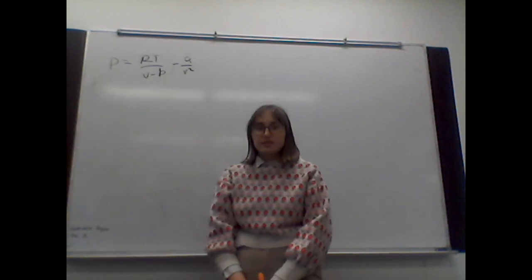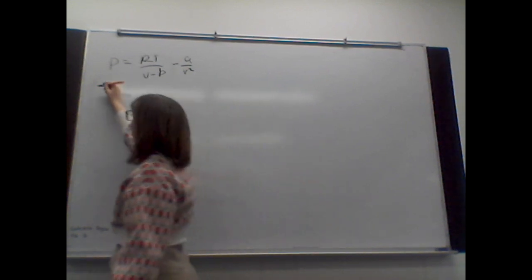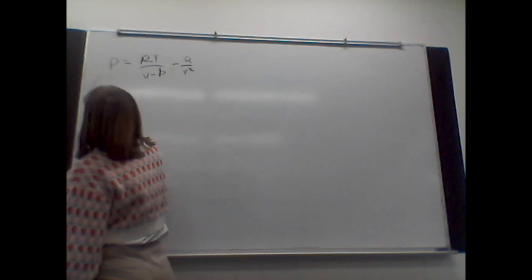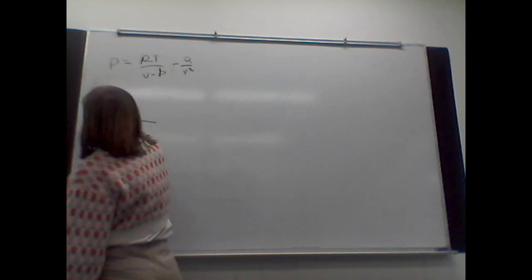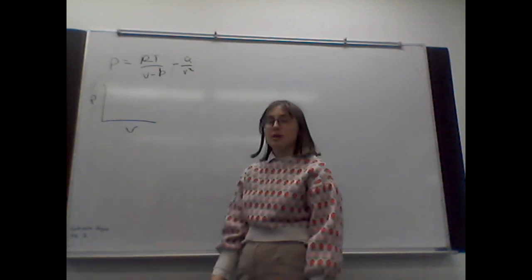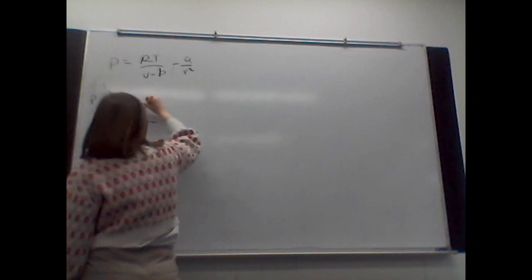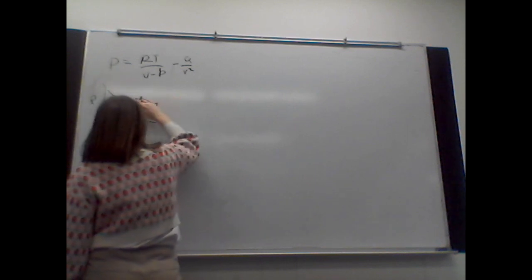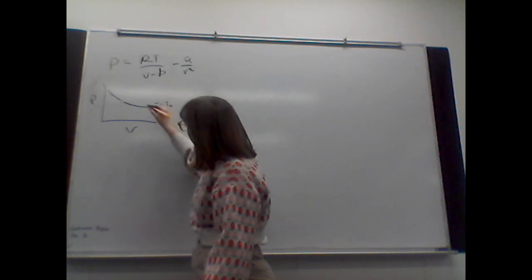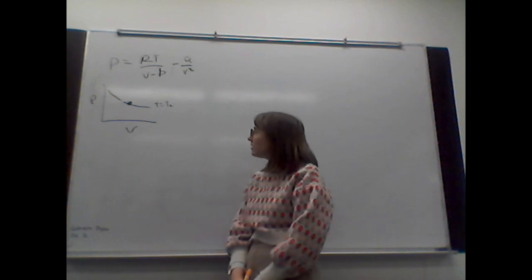So we want to derive this at the critical point. So let me draw a graph for you real quick. This is a pressure versus volume graph. When the temperature equals the temperature at critical pressure, there is an inflection point right here on the graph.